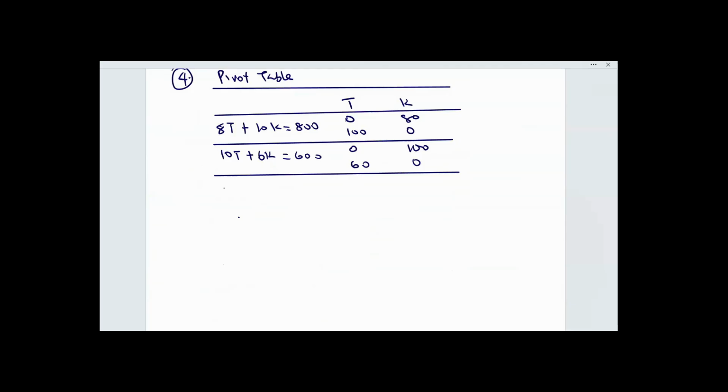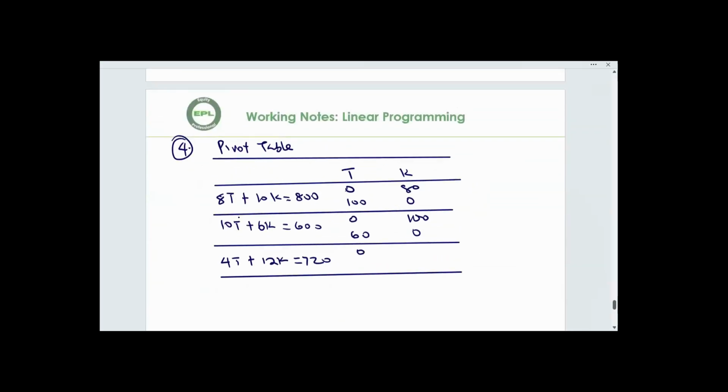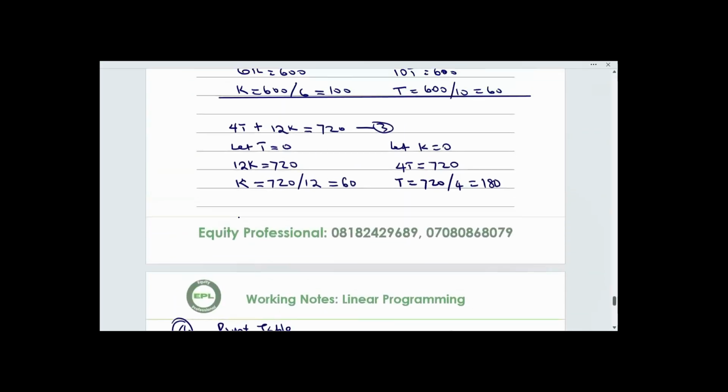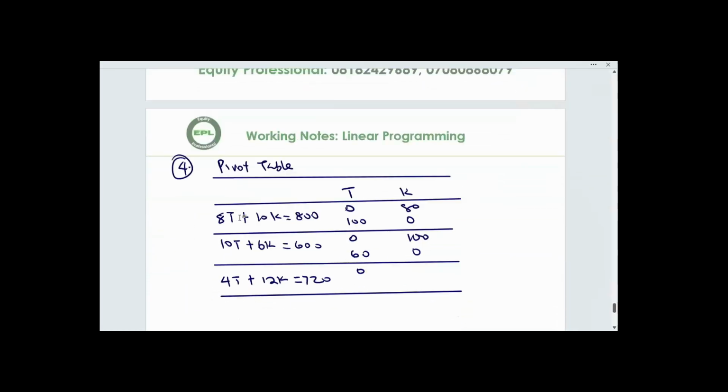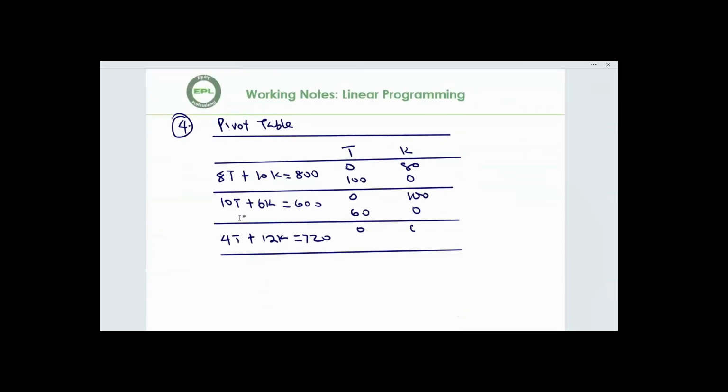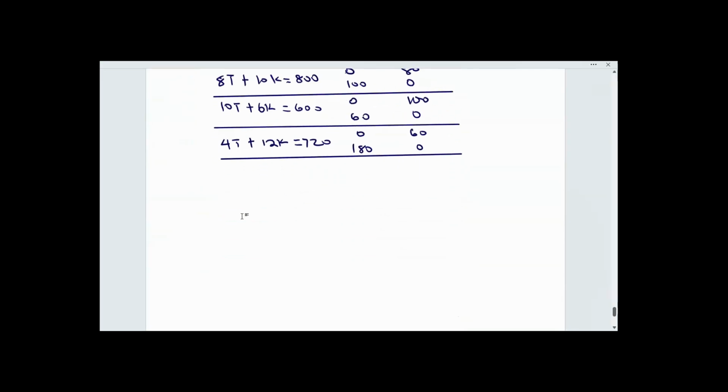So the third equation is 4T plus 12K equal to 720. So when T is 0, K is 60. And when K is 0, T is 180. All right.